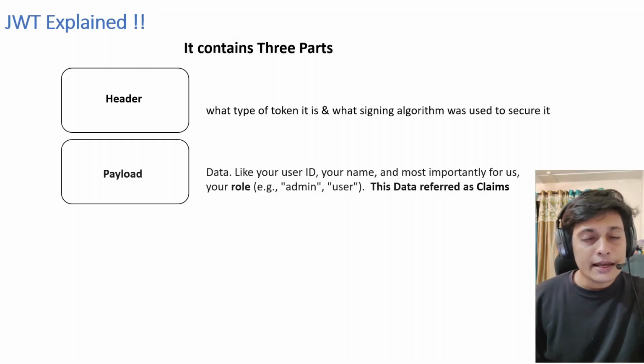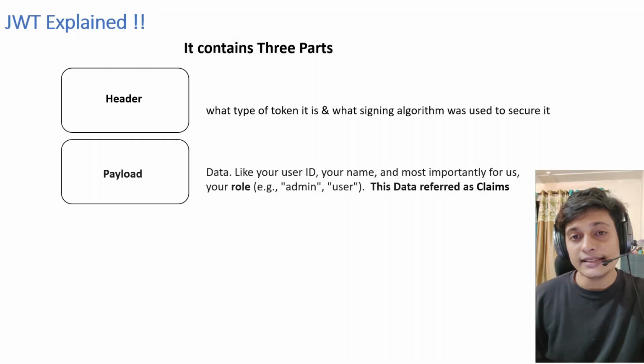As I said, we need authentication and authorization, and to do that we need some data from the user. That might be the user ID, and after getting it, we need to understand the role of the user. That comes under the payload.